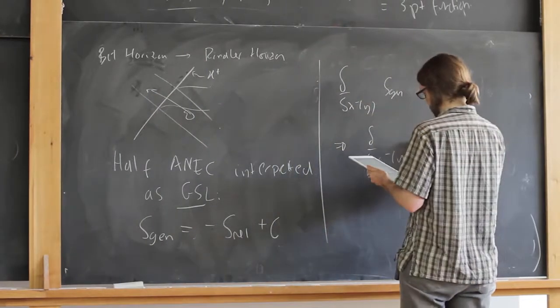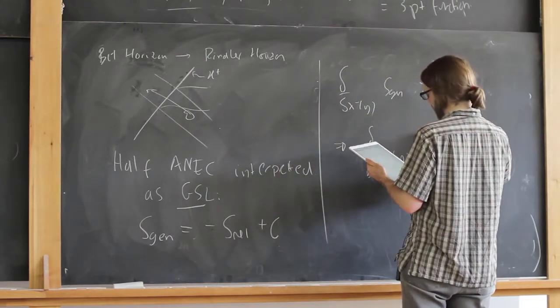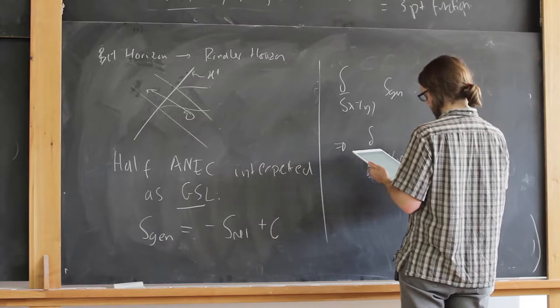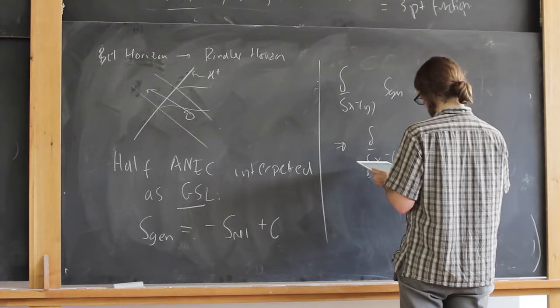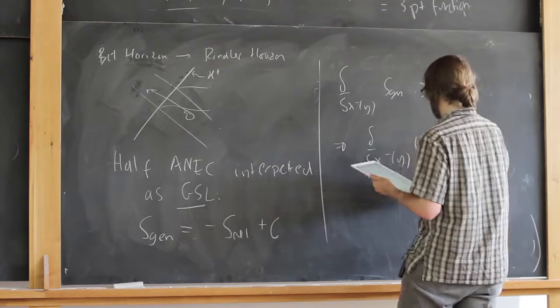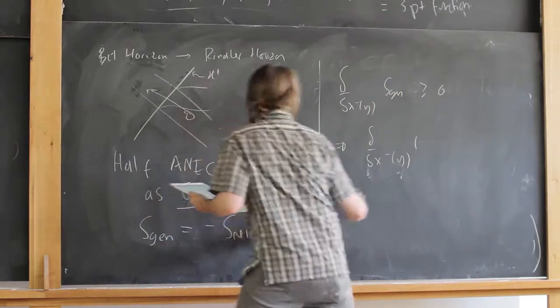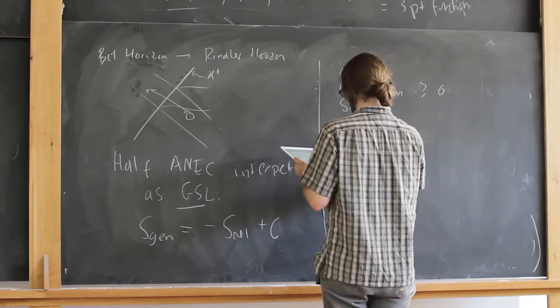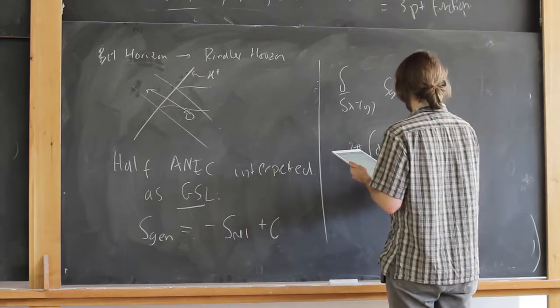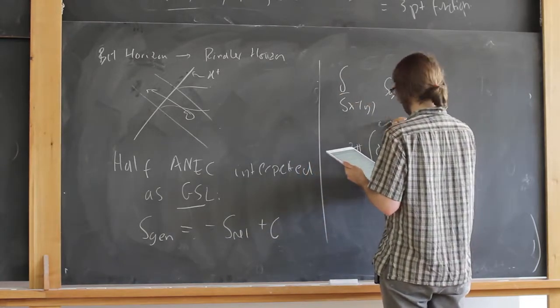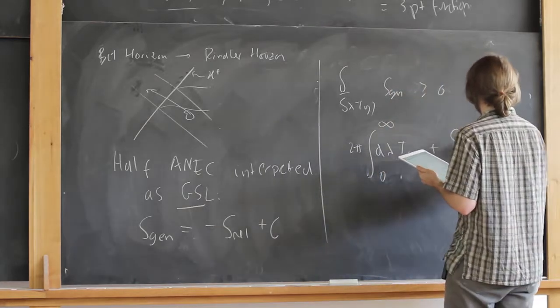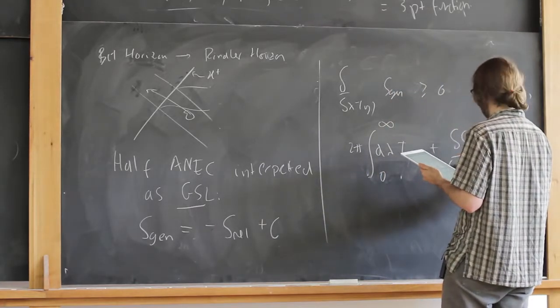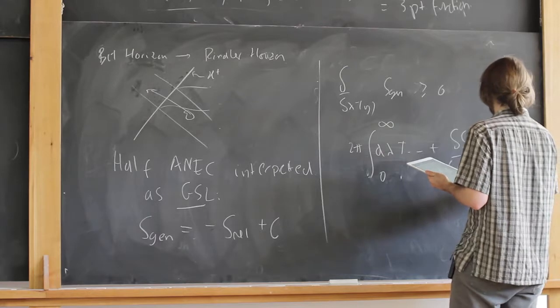And so the two terms in the half ANEC look like the integral d lambda T minus minus from 0 to infinity, plus the shape deformation of entanglement, should be bigger than 0.